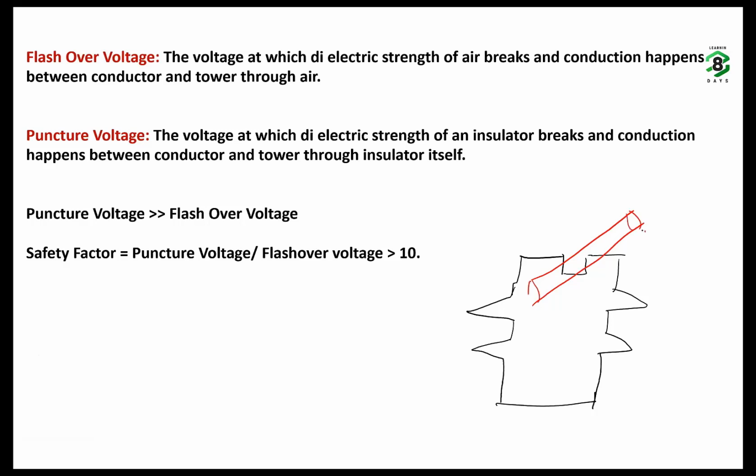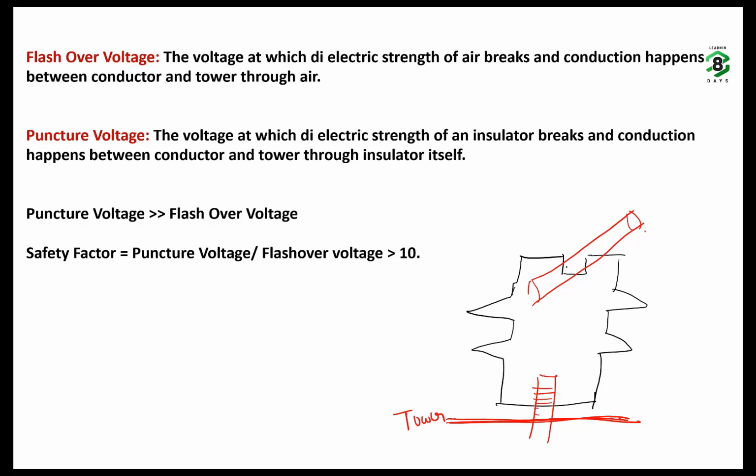In normal conditions, nothing will happen. Because of some transient or because of some fault, if the conductor voltage increases, suppose this is the conductor, it is connected to the tower through a metallic pin. So this is the tower.